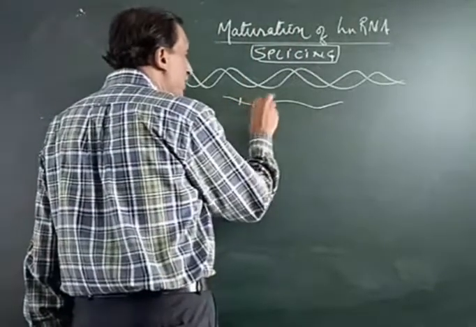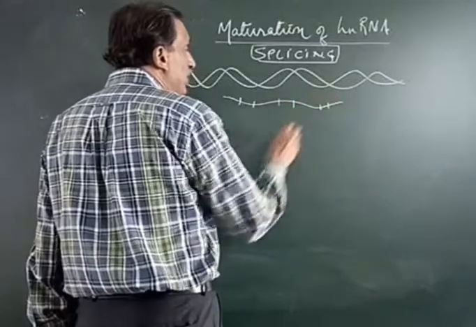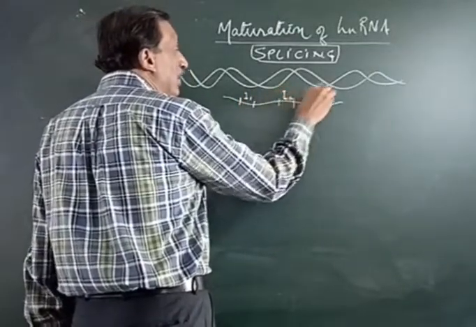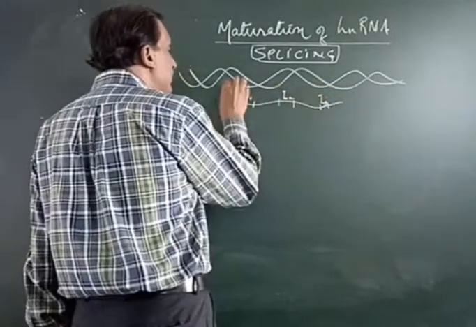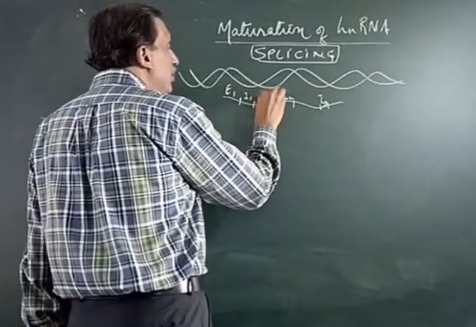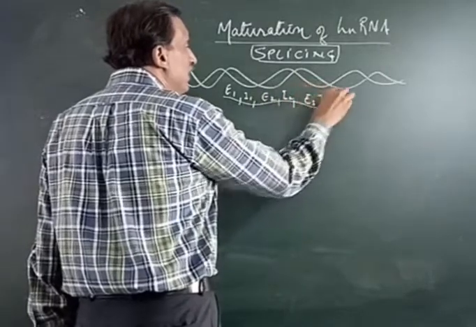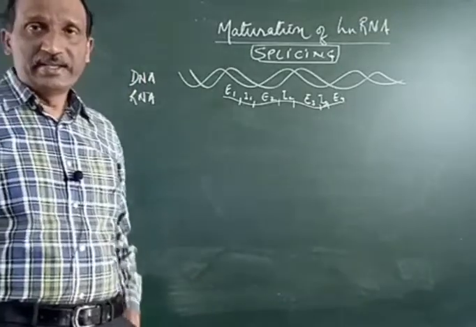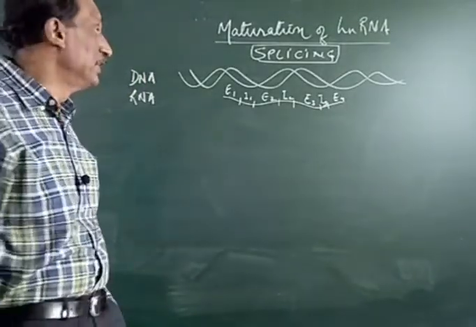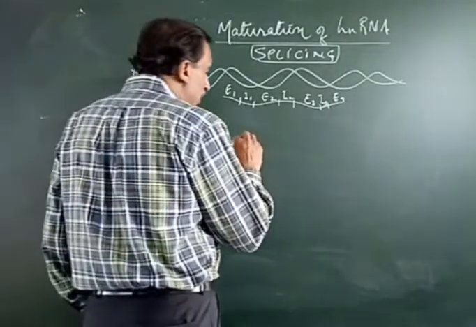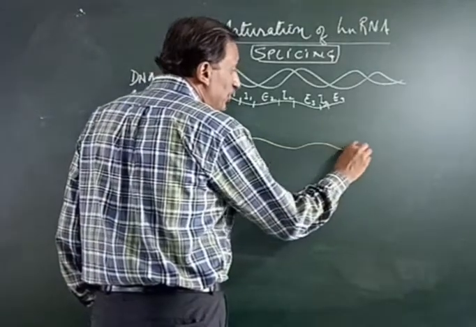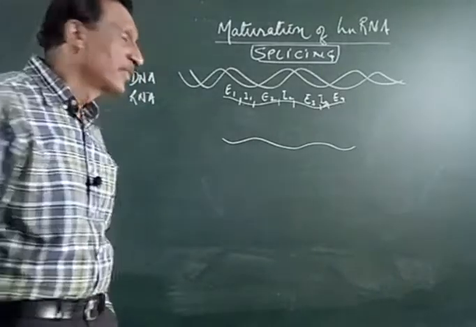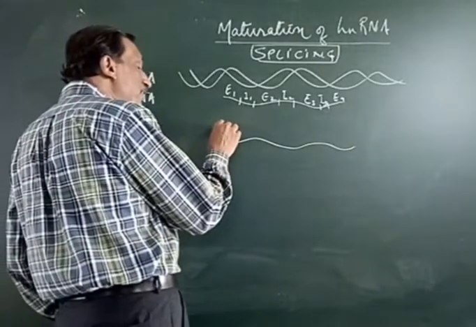So I said from here to here, here to here and here to here, there are the introns I1, I2 and I3, and these are E1, E2, E3 and E4. Introns are written by I and exons are mentioned by E. As it comes out of the nucleus through the nuclear pores, it has one 3' end and one 5' end.